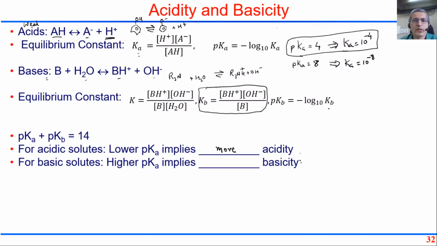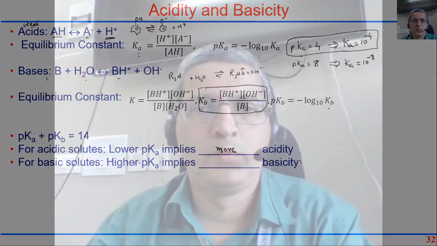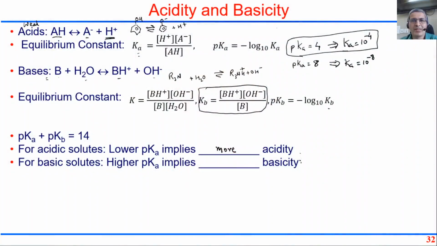Now look at it the other way around. What does higher pKa mean for a base, for a basic solute? Higher pKa means lower pKb, because pKa plus pKb is equal to 14.